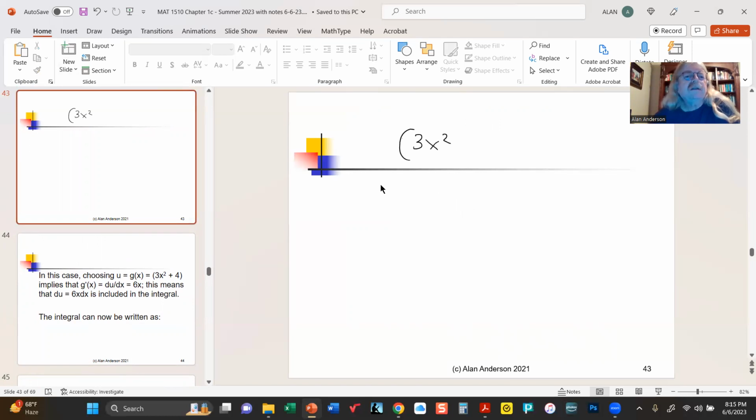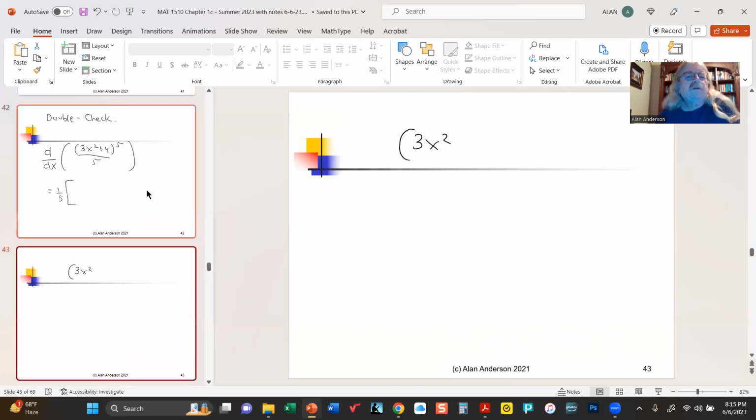Just this part by itself, 3x squared plus 4 to the 5th power. Let's just say this is all I'm interested in. We need to use something called the chain rule.